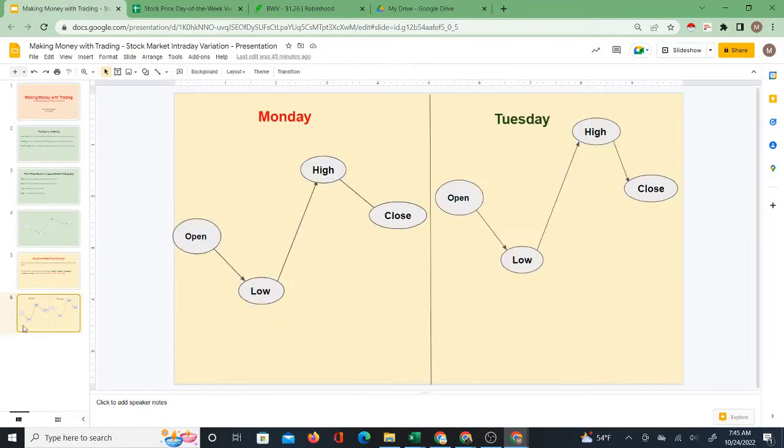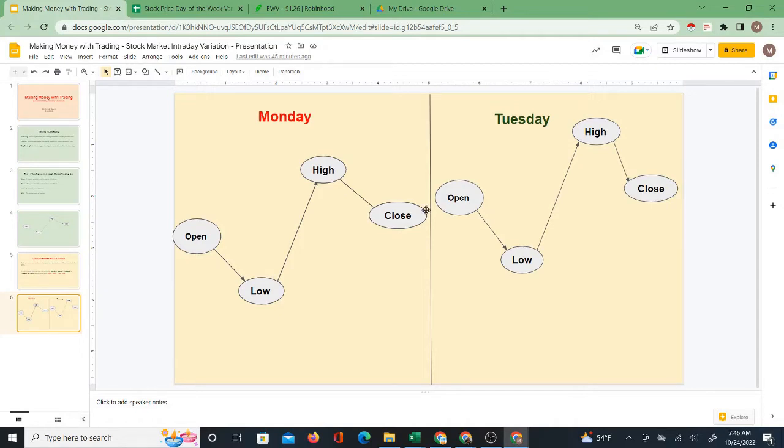Okay. And so here's a simple diagram, similar to the other diagram, where I'm showing you 2 different days, Monday and then Tuesday, one day that follows another. Just imagine that something opened here, dropped to a low, rose to a high, and then closed on Monday.